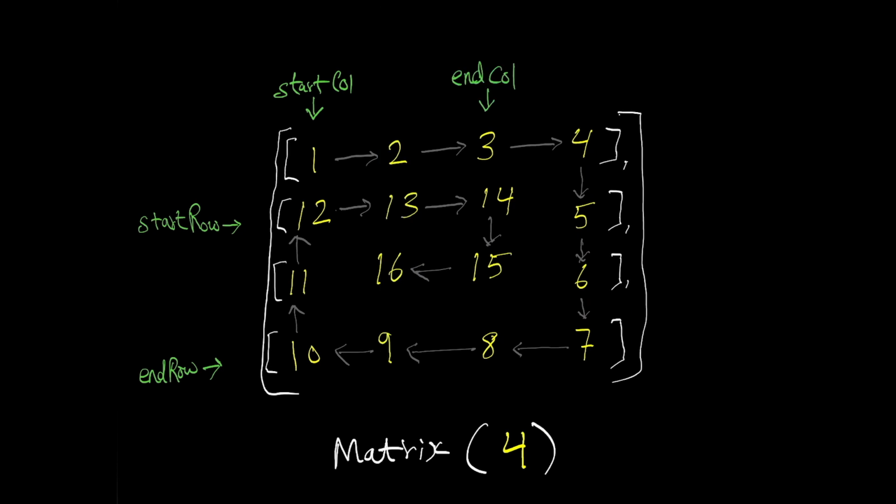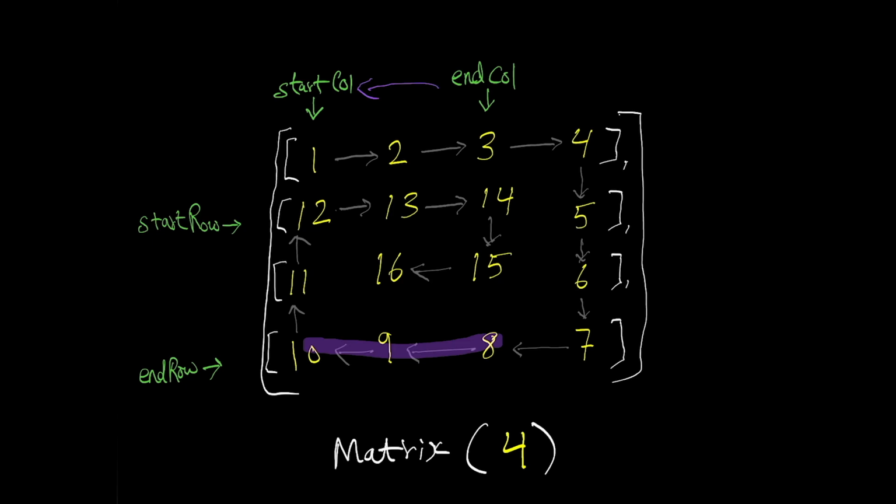And then we need another loop that would go from end column to start column, and it would take care of the bottom row.